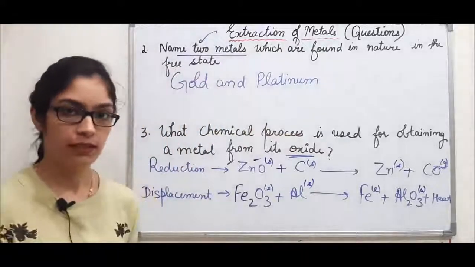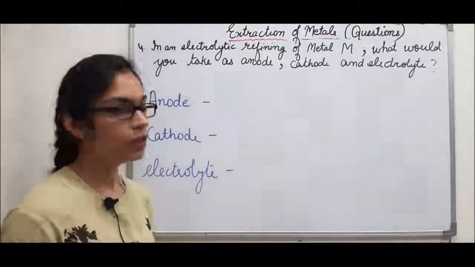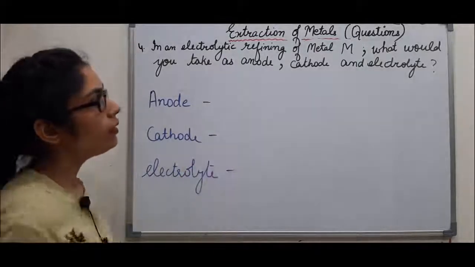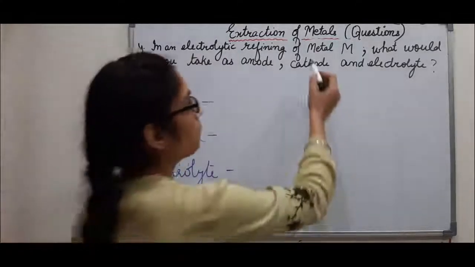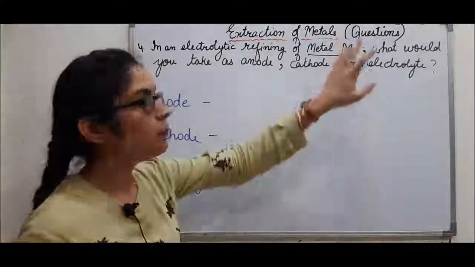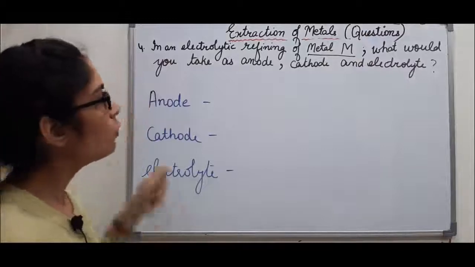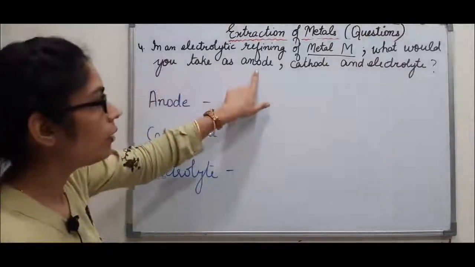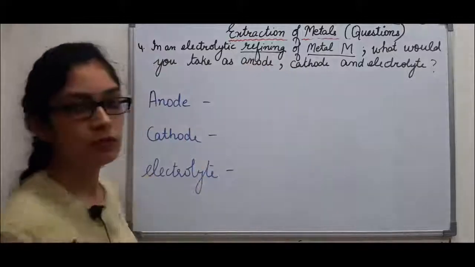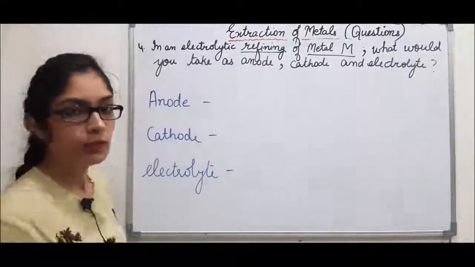Now let's do the next question. In the electrolytic refining of metal M, what would you take as anode, cathode and electrolyte? The name of the metal is not given, it is represented as metal M. Refining we have just done in this video itself.